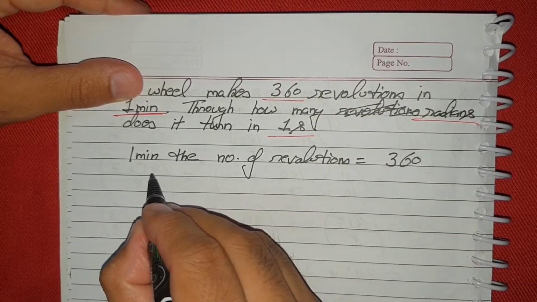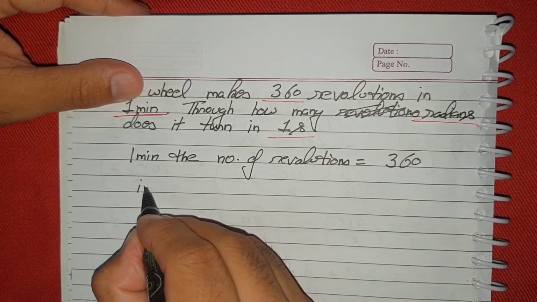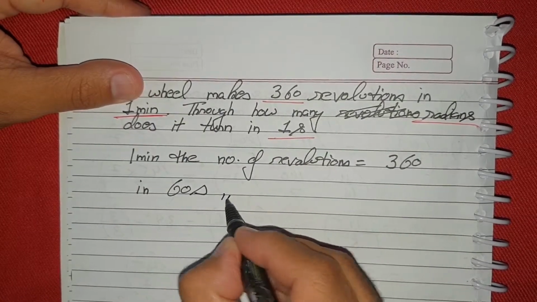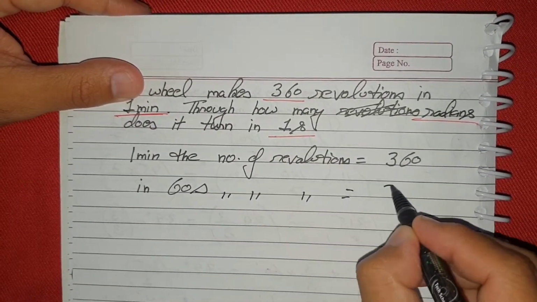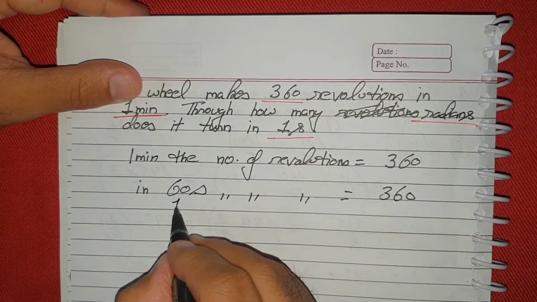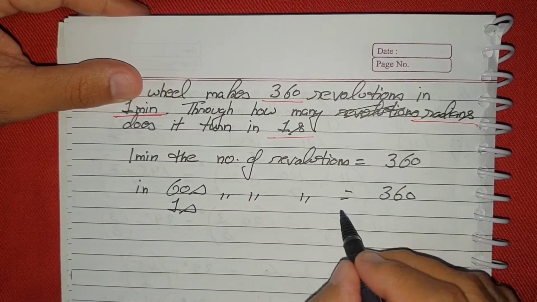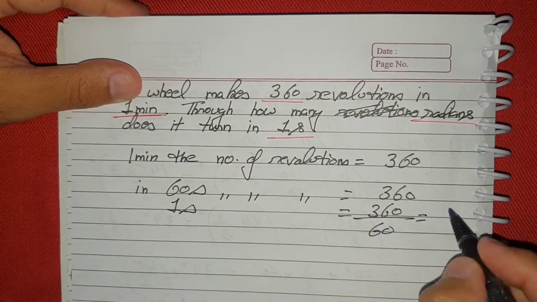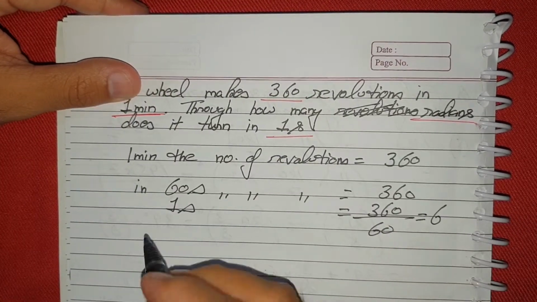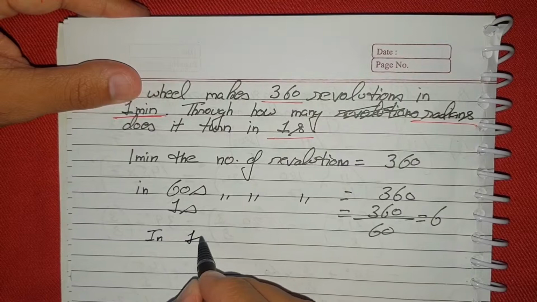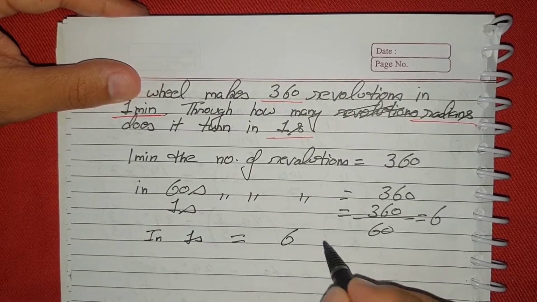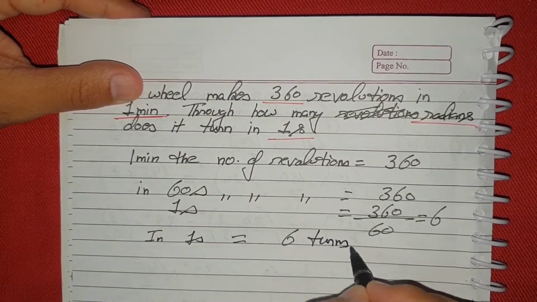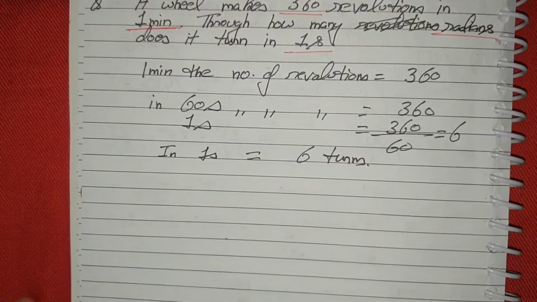So in 60 seconds, the number of revolutions is 360. So what about in 1 second? That will be 360 by 60, so that is 6 revolutions. So in 1 second, it makes 6 turns.